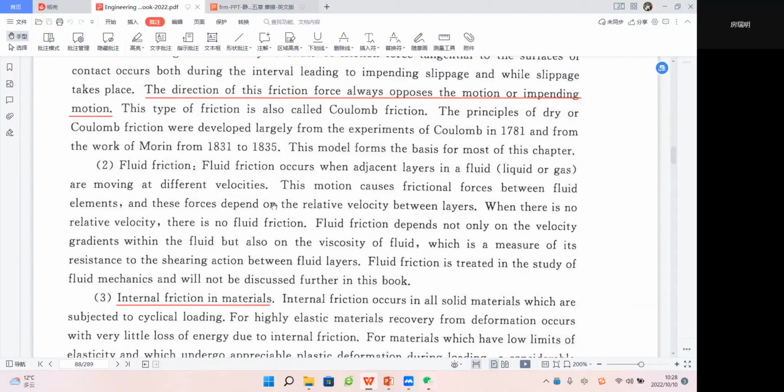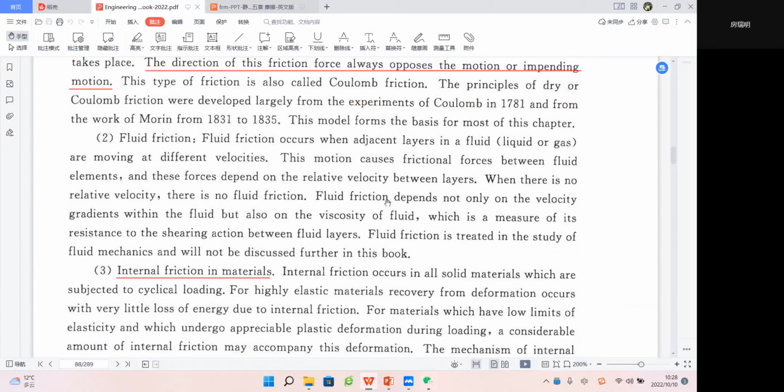So this motion causes frictional forces between fluid elements. For this kind of friction, we must have fluid to lubricate these two friction surfaces. Otherwise, the machine will be very badly damaged. And these forces depend on the relative velocity between layers. When there's no relative velocity, there's no fluid friction.